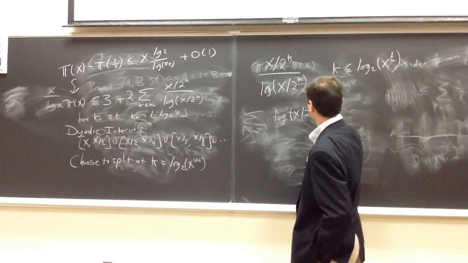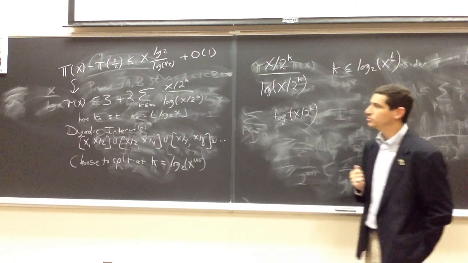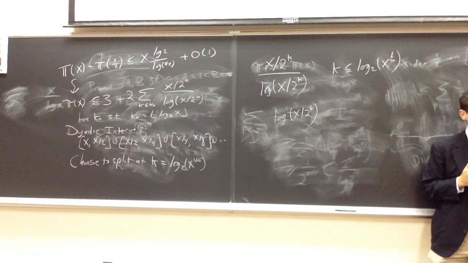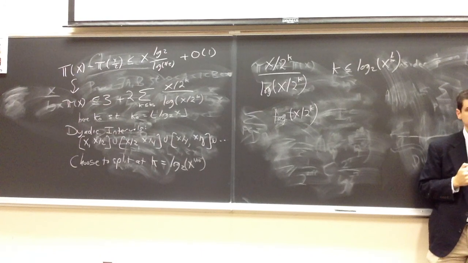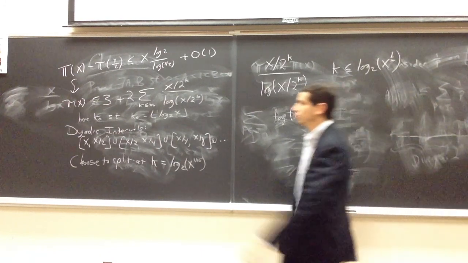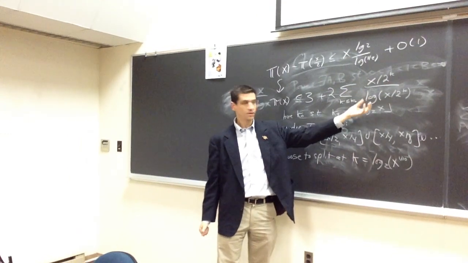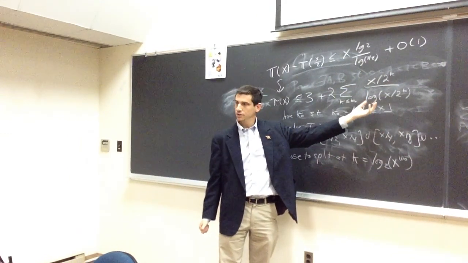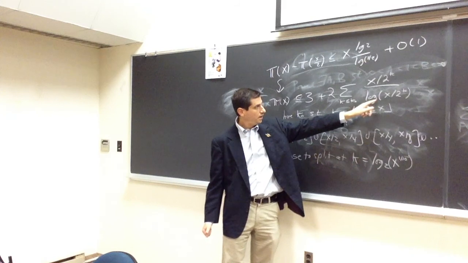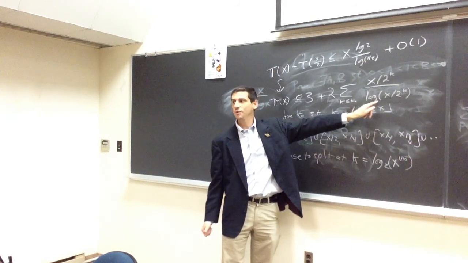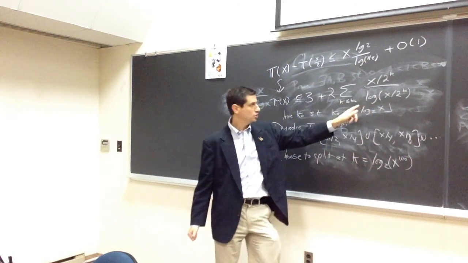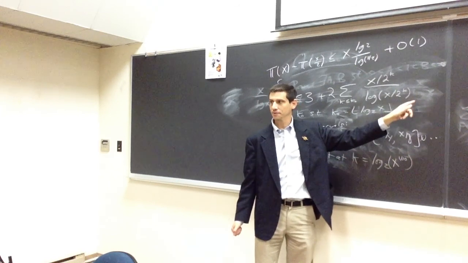Do you think I want upper bounds or lower bounds? I'm trying to show pi of x is less than or equal to this, so I want to understand this sum in the range of k less than that. You want an upper bound. I think I want a lower bound, because this is in the denominator. I've got the log of x over 2 to the k in the denominator.